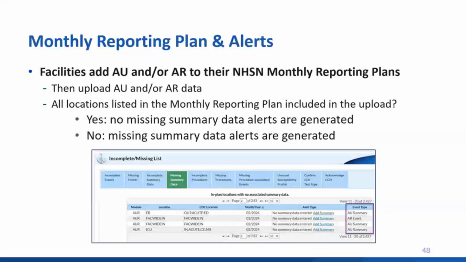The image on the screen depicts how missing summary data alerts appear within NHSN and will be located under the Missing Summary Data tab. The Missing Summary Data alert will include the month and year, the location, alert type, and data type, either AU or AR.